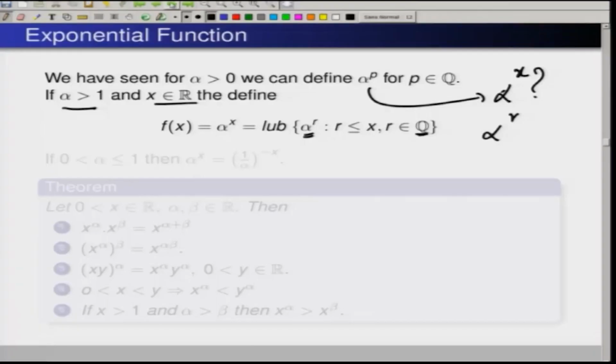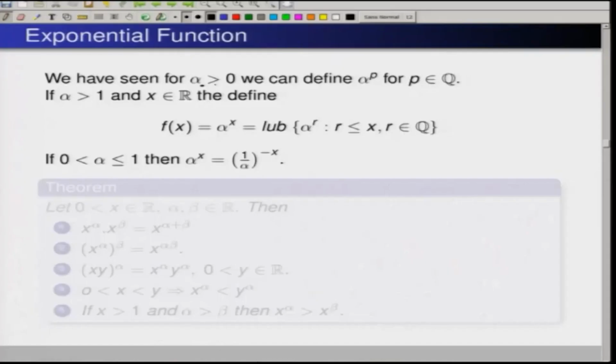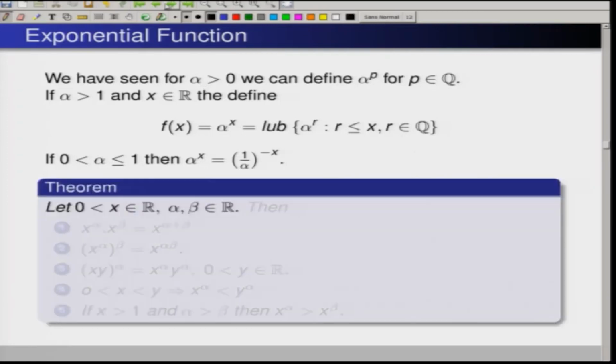Now, if I have 0 less than alpha less or equal to 1, then obviously 1 by alpha is greater than 1. Therefore, I can define 1 by alpha to the power minus x, because x is a real number, so minus x is also a real number. So, what we can say is that if alpha is positive, then we can define alpha to the power x.